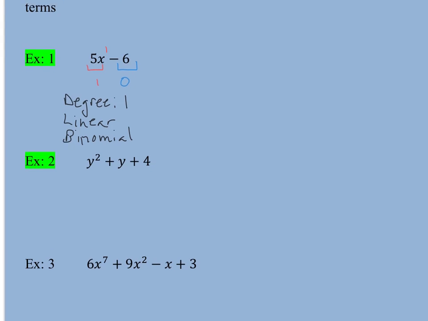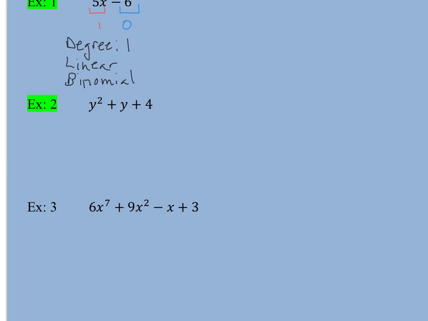Example 2, we have 3 terms this time. The first term has a degree of 2. The second term has a degree of 1. And then the last term is a constant, so it has a degree of 0.